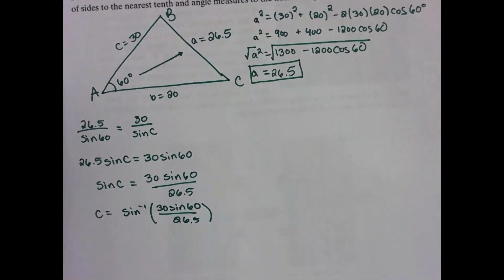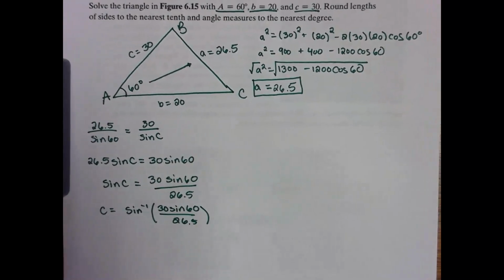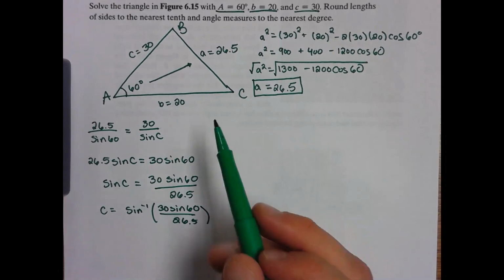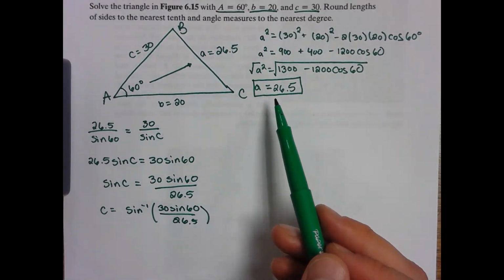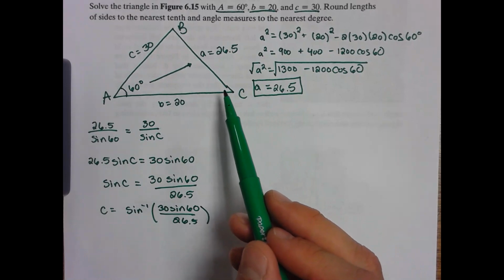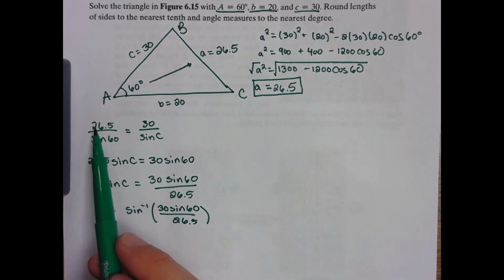Yeah, Drew? Since the side length A isn't exact, does that mean that when you do that math, it's not tight? Yeah. So this is rounded. What's nice is the angles are going to be rounded to the nearest degree, so us rounding here shouldn't make much of a difference.